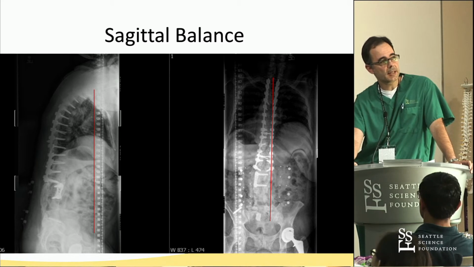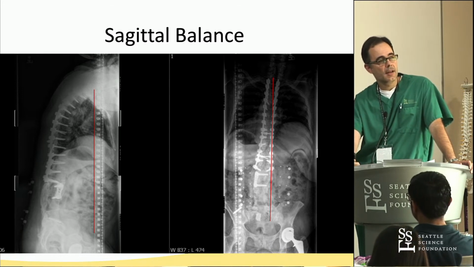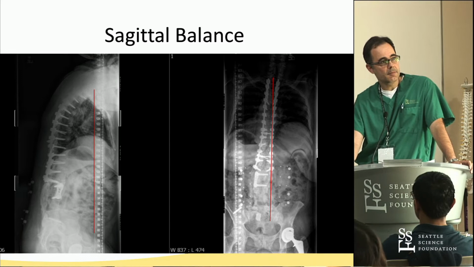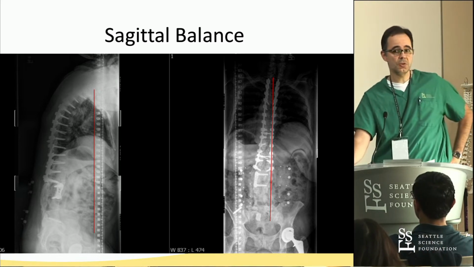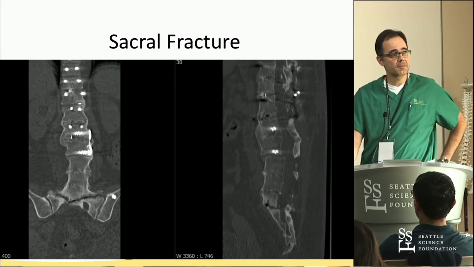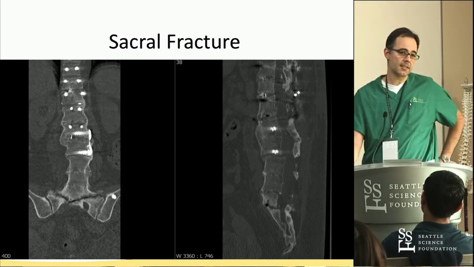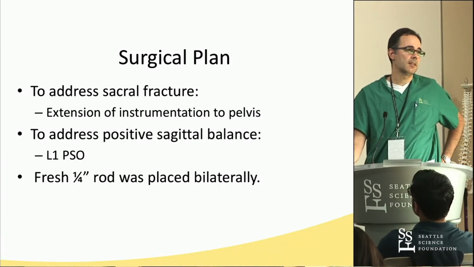She had this long segment construct, and at one point developed a pseudoarthrosis at L2-3, and the referring surgeon did an L2-3 XLIF, and removed the hardware distal to that because she had a solid fusion. But as you can see, she developed this bad sacral fracture, and so she had urinary incontinence and profound positive sagittal balance.